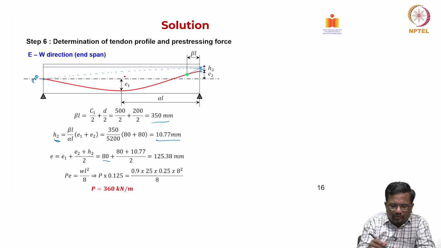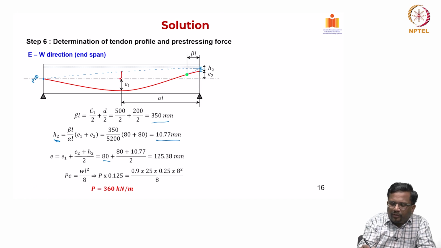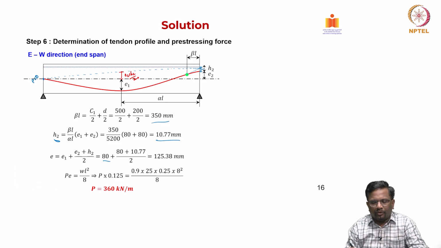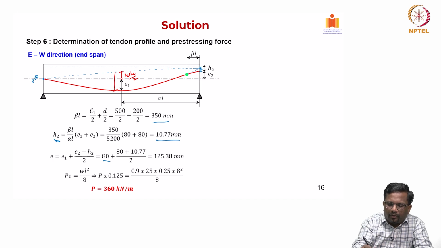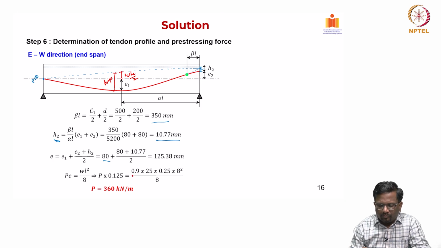This distance is going to be E1 plus E2 plus H2 by 2, right. So, this is the total drape that we are talking about. Okay. If you substitute that, the drape is 125.38 millimeter.